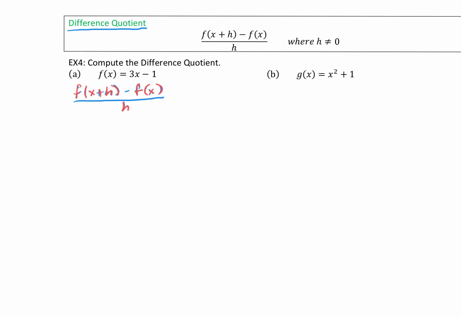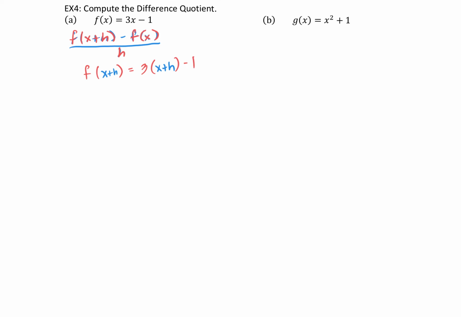Well, remember, you have a function. The function is f of whatever is going to equal 3 times whatever I put in minus 1. So if you simply put in x plus h wherever you see x, that is what x plus h is. So f of x plus h, if I were to distribute the 3, would be 3x plus 3h minus 1.